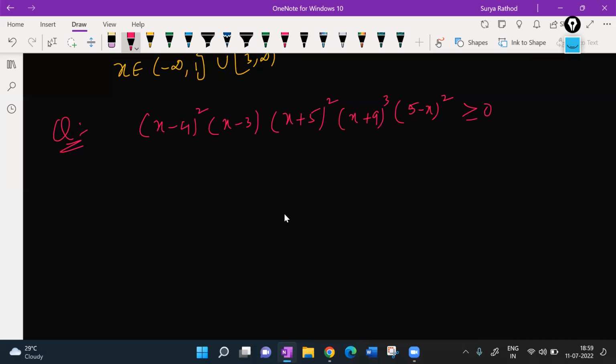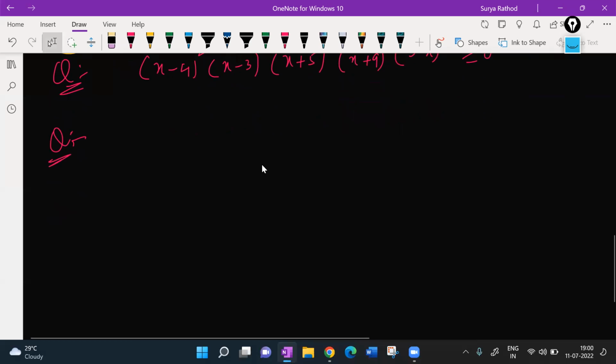This is a homework question to everyone. Let me see how many of you solve this question tomorrow, and in the next class you have to give the answer for this. And I'll write one more question here.